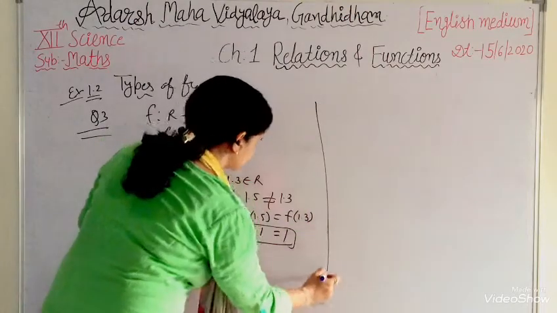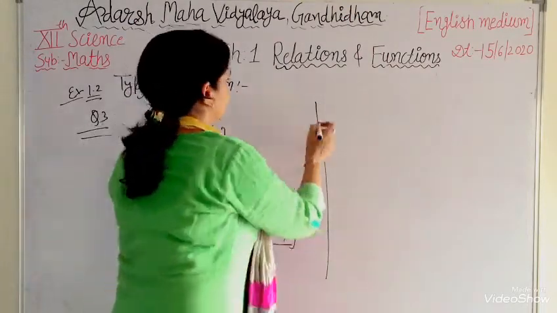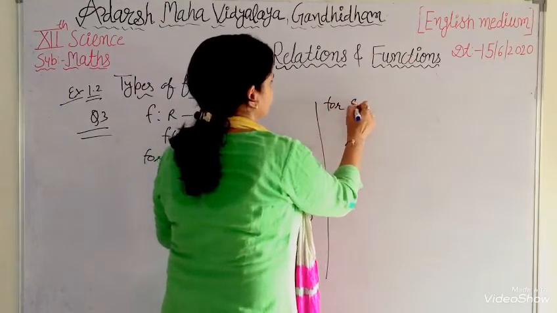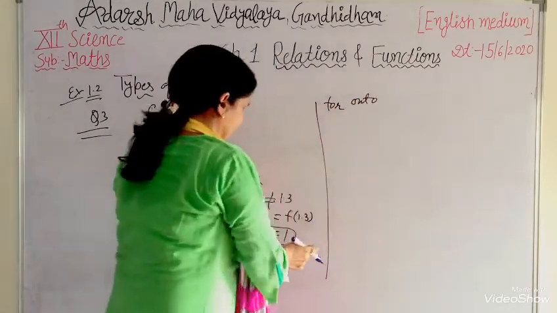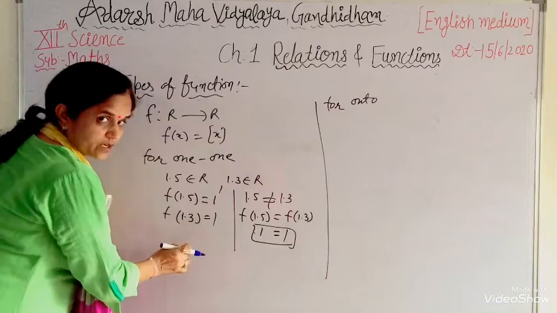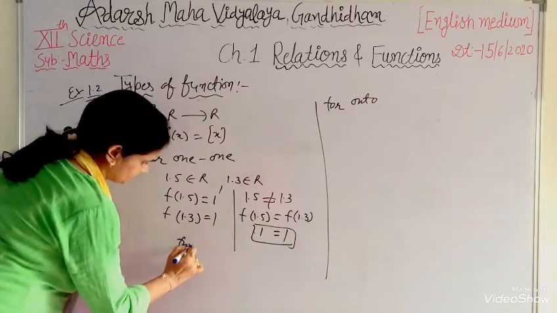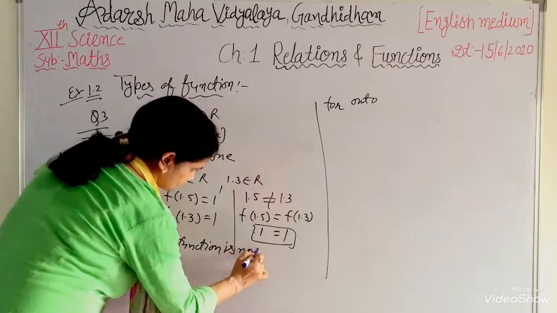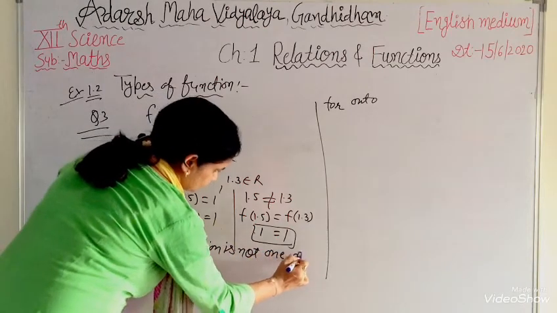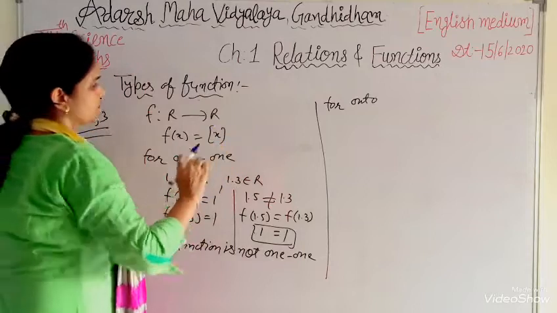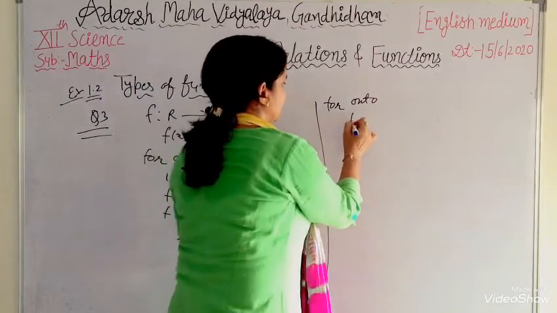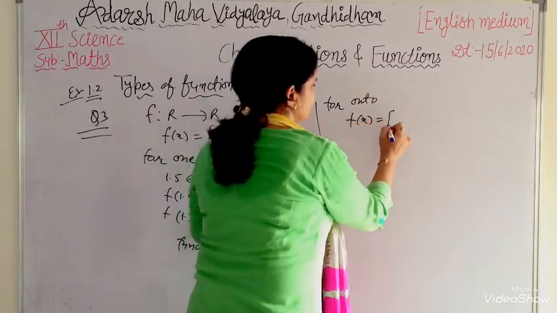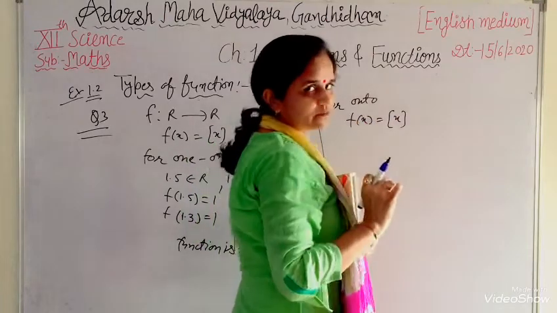Okay. Now student, for onto. You write here, student, function is not one-one. For onto, here f(x) is the greatest integer function.